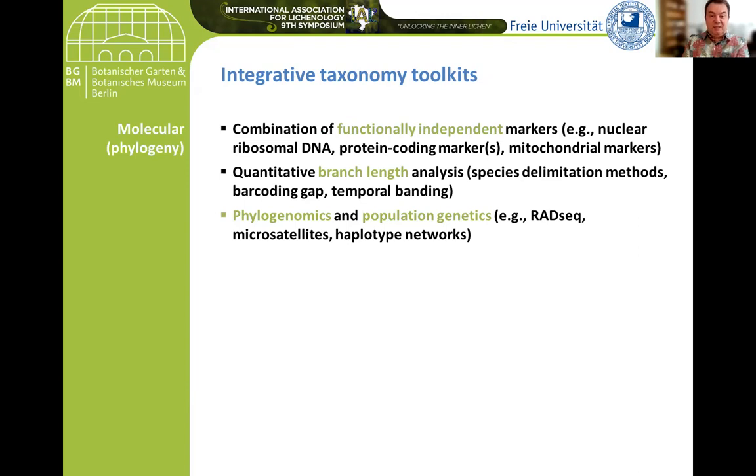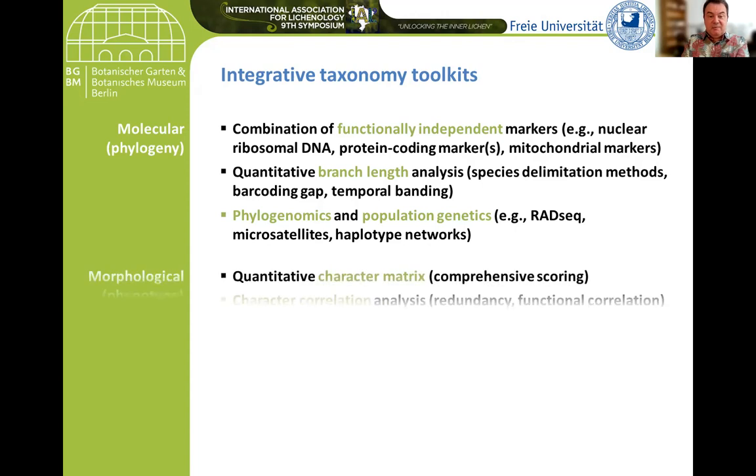And there are many tools that can be used: species delimitation methods, barcoding gap, temporal banding, all in combination, and all these are based on branch length patterns. And then, as I said, we have phylogenomics, we have population genetics. For example, RADseq is now emerging as a very important method.